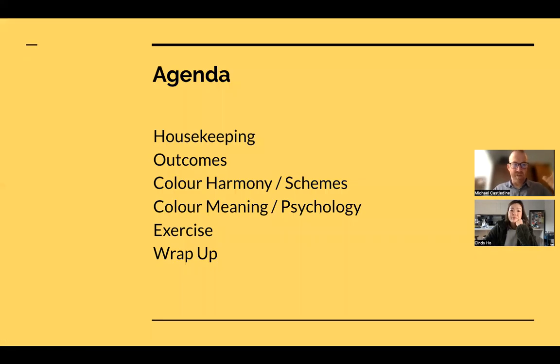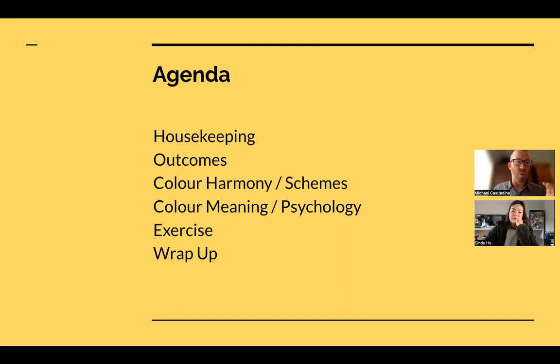First off, just an agenda, what we're going to go through in the next 10 to 15 minutes. I'll go through a little bit of housekeeping. I'm going to go through the goals and the outcomes of this lesson. Today we will talk a little bit about color harmony and some schemes to consider when going into UI strategies and brand strategies.